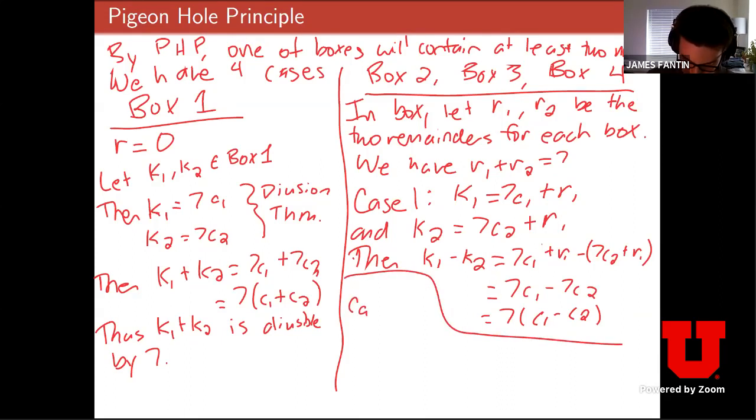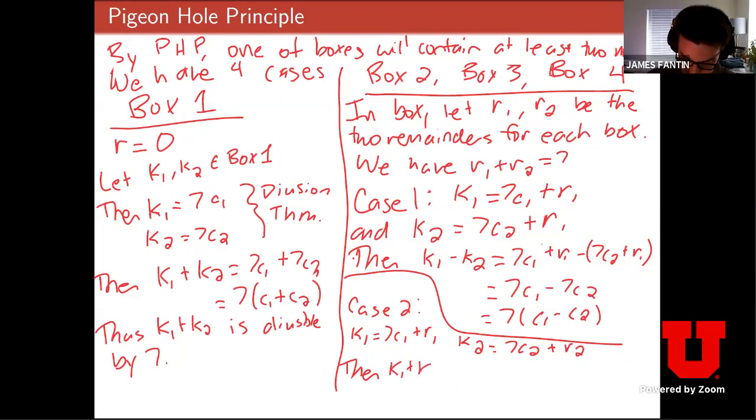And then running out of space here, but then for the final case, case 2, we'd have that the remainders are not equal. So K1 equals 7C1 plus R1, and K2 is equal to 7C2 plus R2. So here, then we're going to look at the sum.